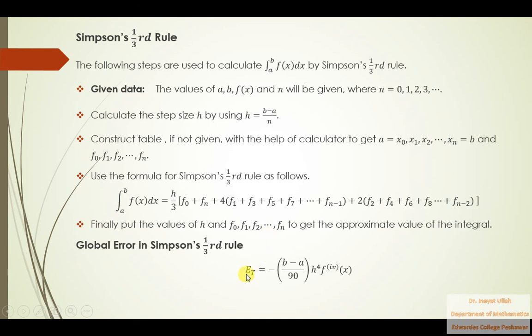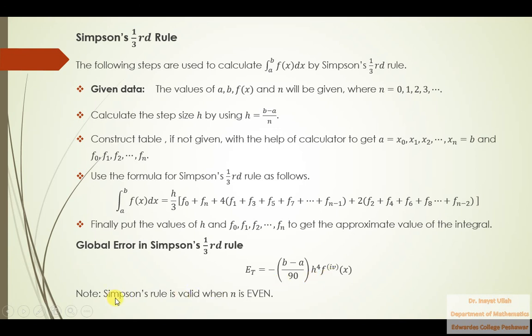That is actually es, because of Simpson this should be written as es. So es will be equal to minus b minus a divided by 90 multiplied by h power 4 multiplied by the fourth derivative of the function.